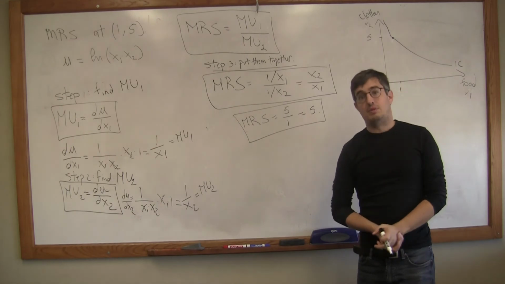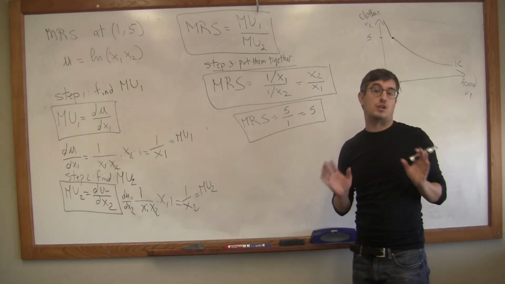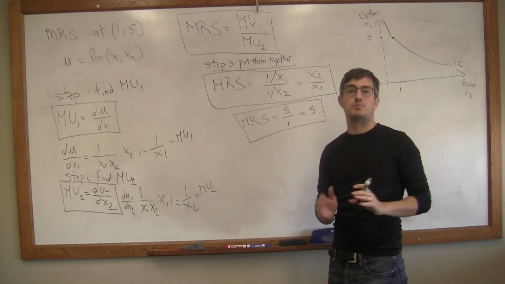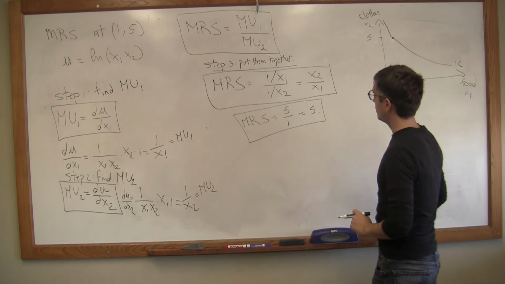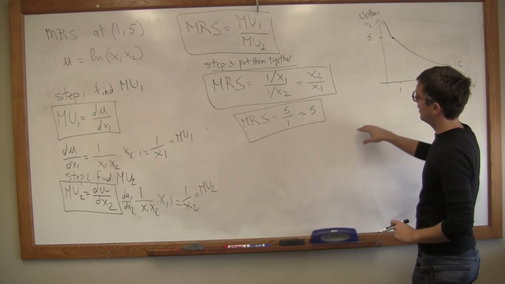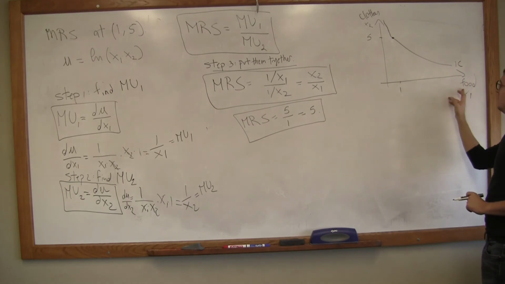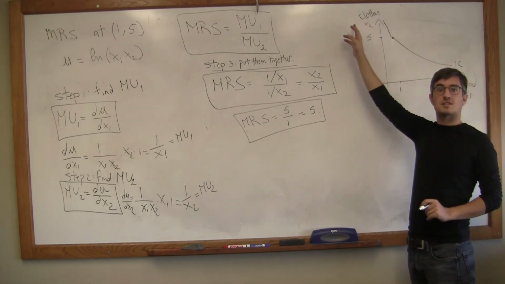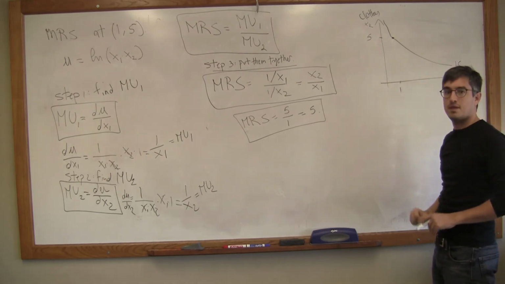The final step here is to interpret this MRS, and this is always very tricky. This is something that always trips me up a little bit. To have the correct interpretation, we want to think about this situation where we have food on this axis and clothes on this other axis. It's important to see where clothes and food are.